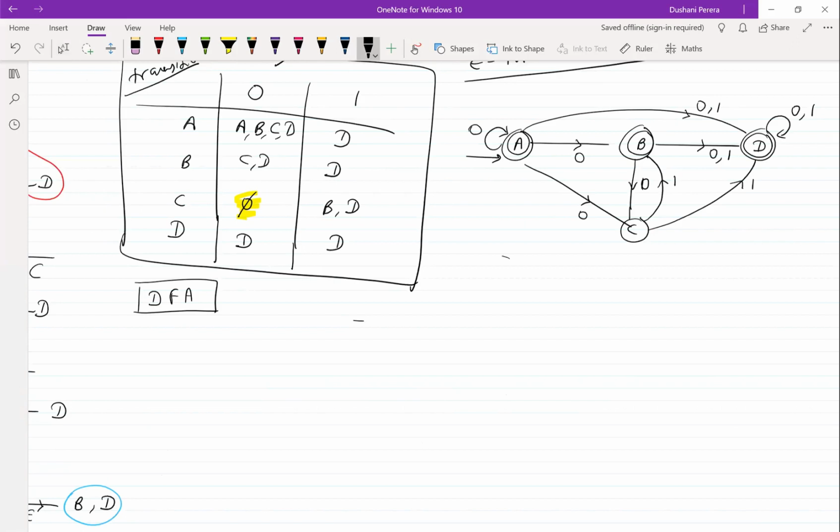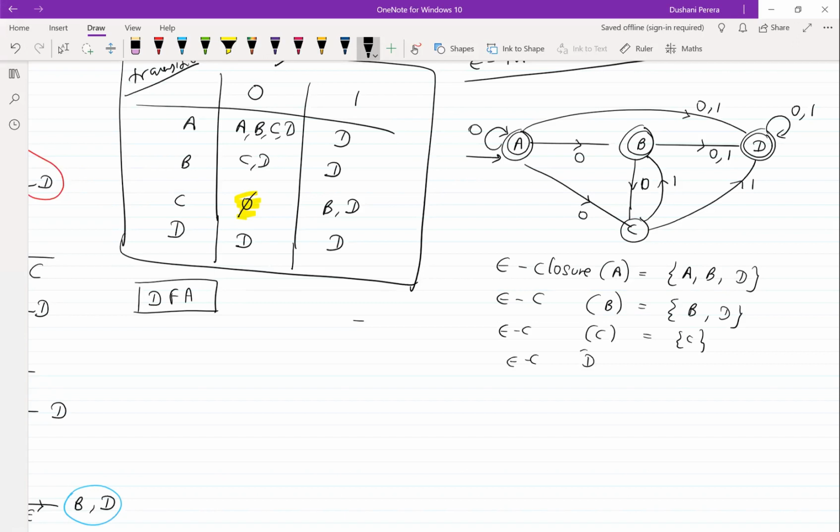Now, if I write the closures for these states, E closure of A was A, B. E closure of B was B, D. E closure of C was C, D was D. Okay?